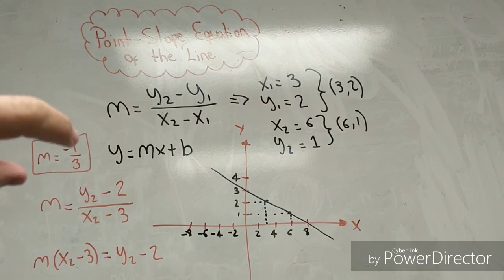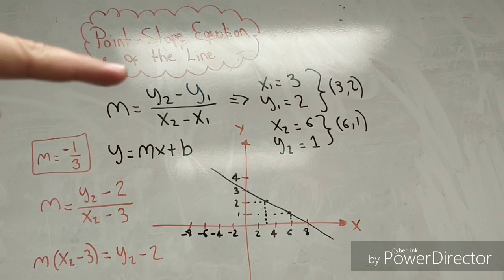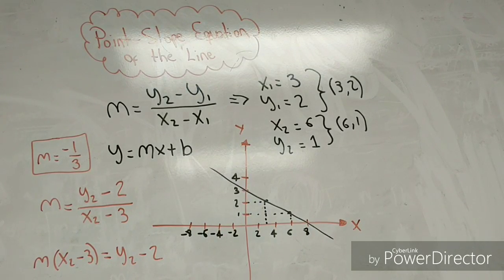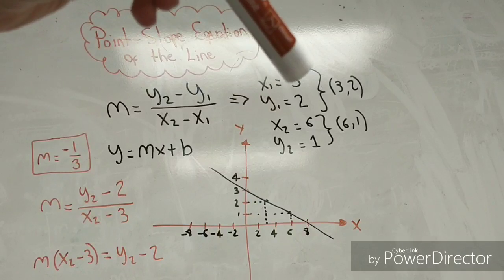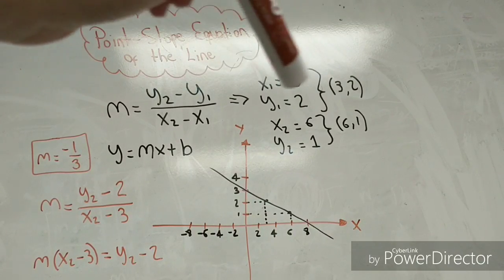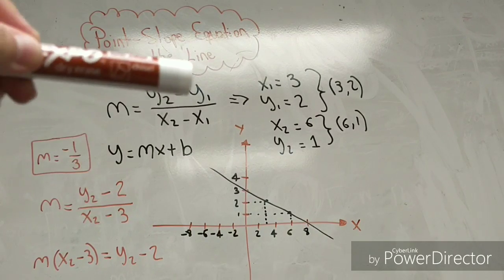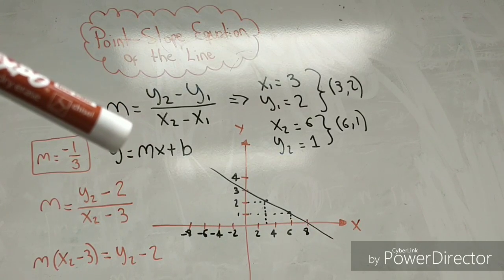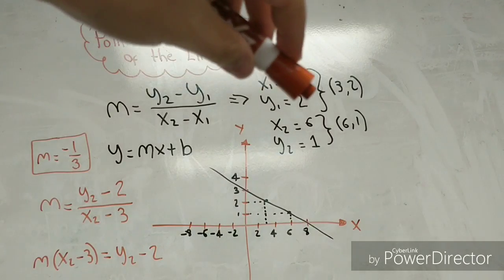Now we're gonna use the point-slope formula to calculate the equation of the line. Basically we're gonna take only one of these 2 points. It can be either this one or this one. We're gonna pick this one. So using this formula, m would be y2 minus 2, because y1 is 2, right?